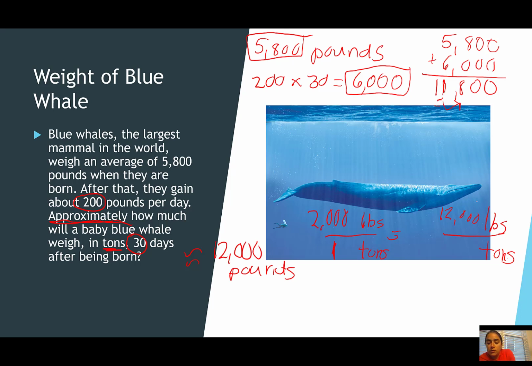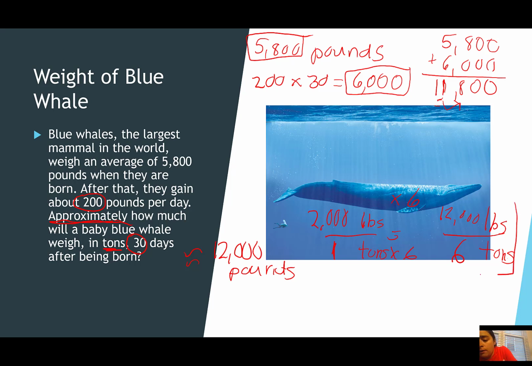How do I get from 2,000 to 12,000 using multiplication? I multiply by 6. 2,000 times 6 is 12,000 pounds. So I'm going to do the same thing on the bottom. 1 ton times 6 gives me 6 tons. So 12,000 pounds is the same as 6 tons. So the whale weighs approximately 6 tons.